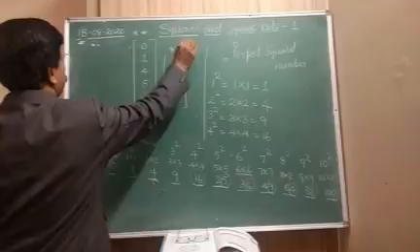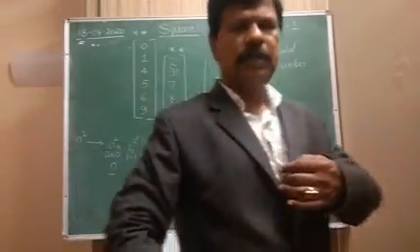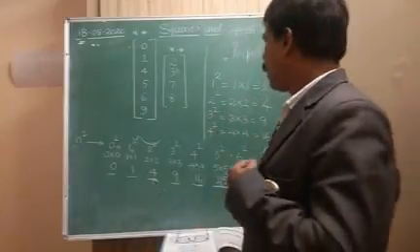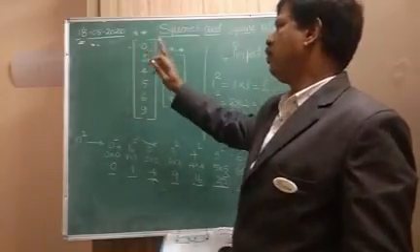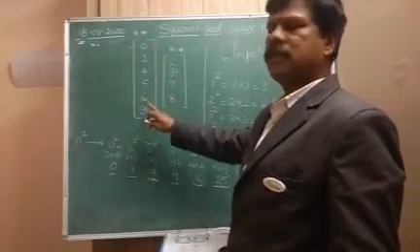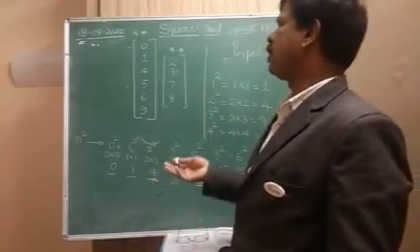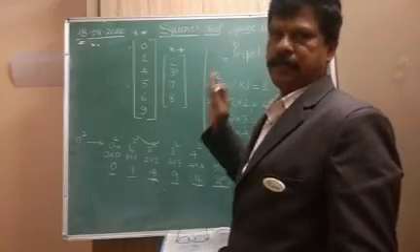So there are questions. Which are the digits that occur in the unit place of a perfect square number? 0, 1, 4, 5, 6 and 9. The digits that do not occur are 2, 3, 7, 8.